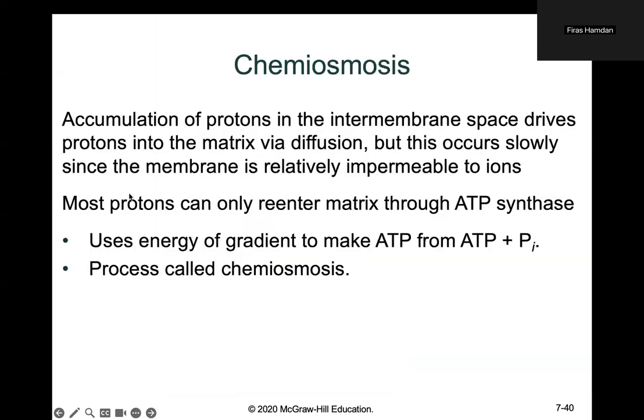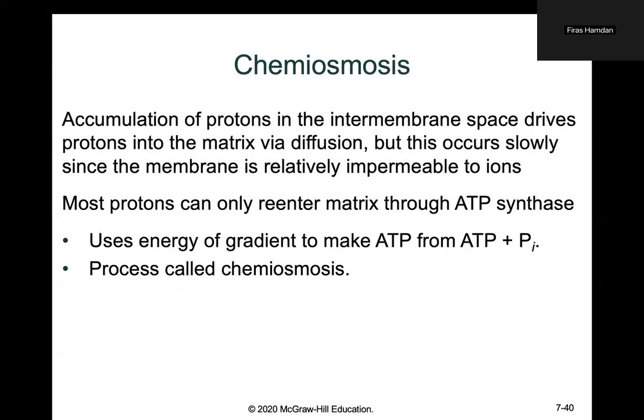And this literally causes the re-entering through ATP synthase. This causes the actual production of ATP. So chemiosmosis is the movement of hydrogen ions into your mitochondrial matrix that gives off energy.